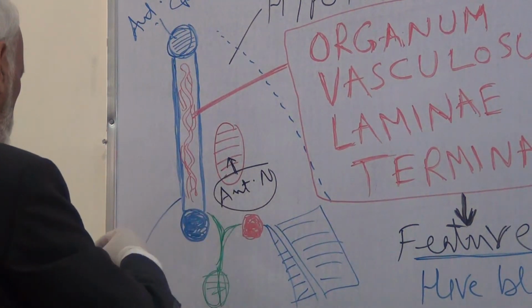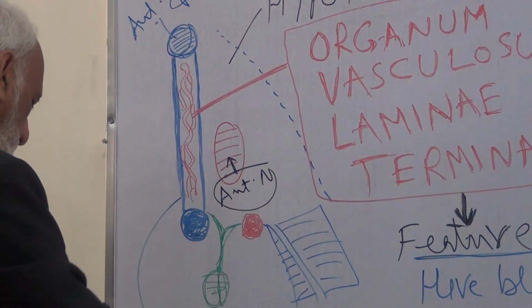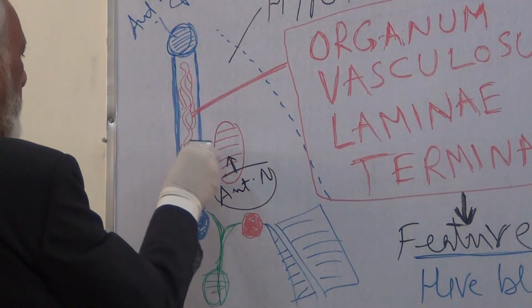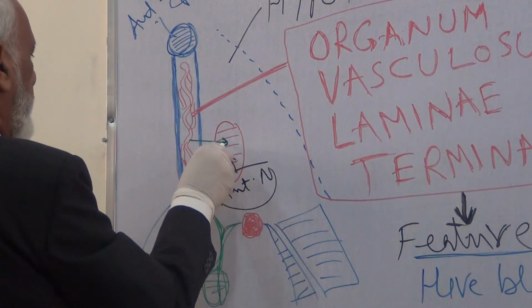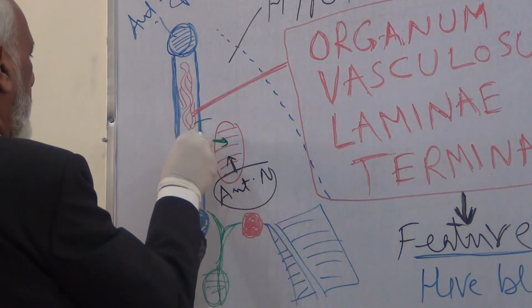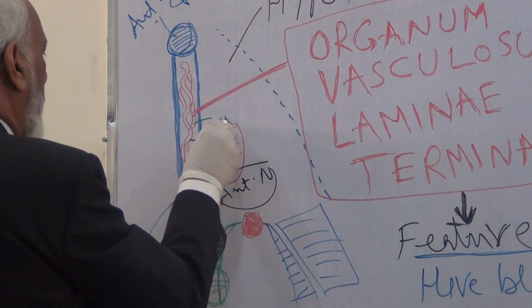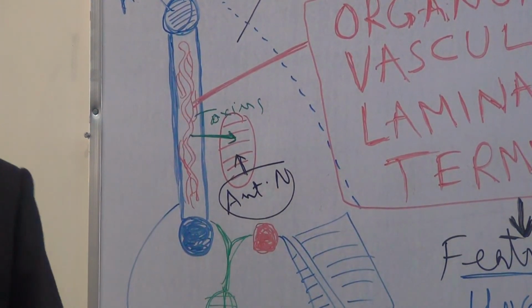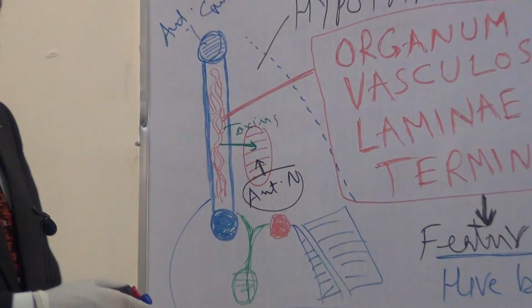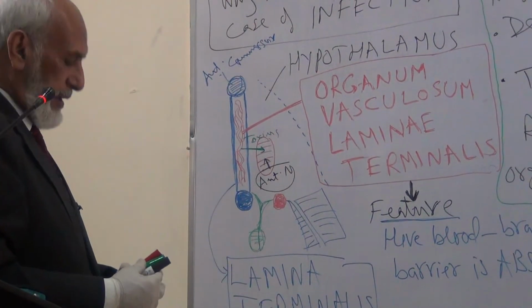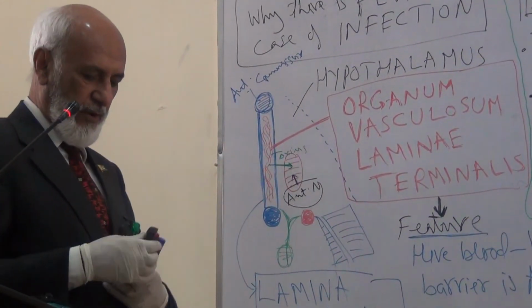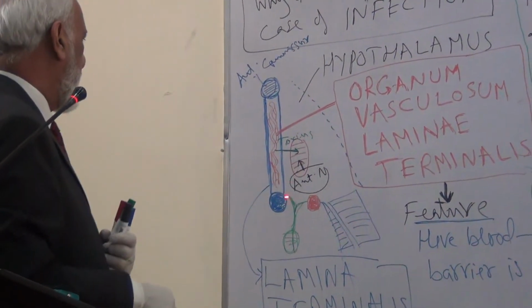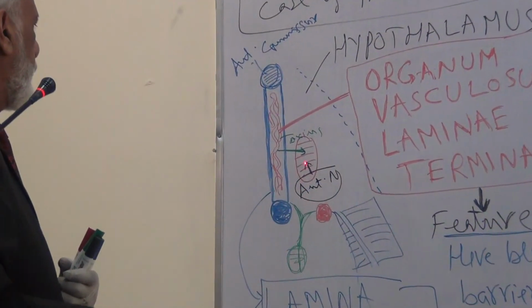So these toxins will easily enter the anterior nucleus, and they will come in contact with the dendrites of the neurons of the anterior nucleus.